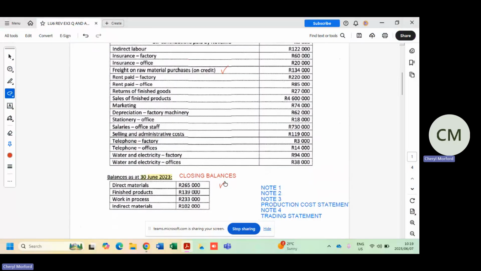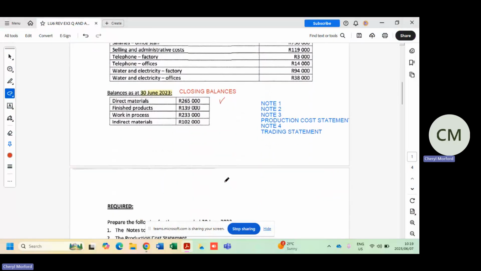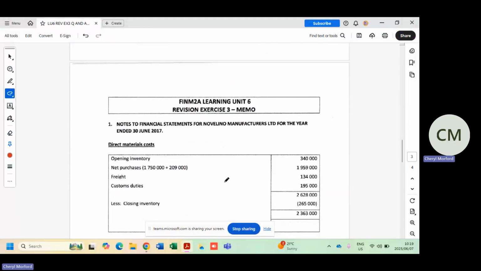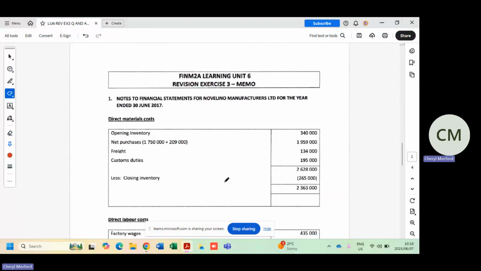All notes require a heading. So I'm going to just show you how we're going to do that. There's my heading. We start with the opening inventory at the top. Then I'm going to add on my purchases. Remember, there were two. There were the credit purchases for the 1,750,000, as well as the cash purchases of 209.